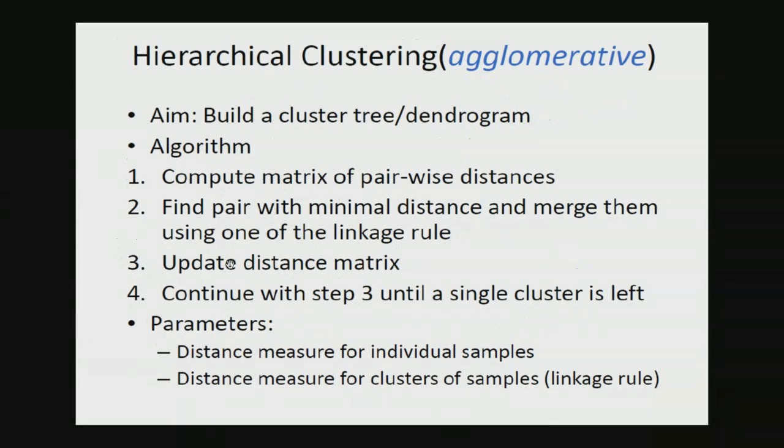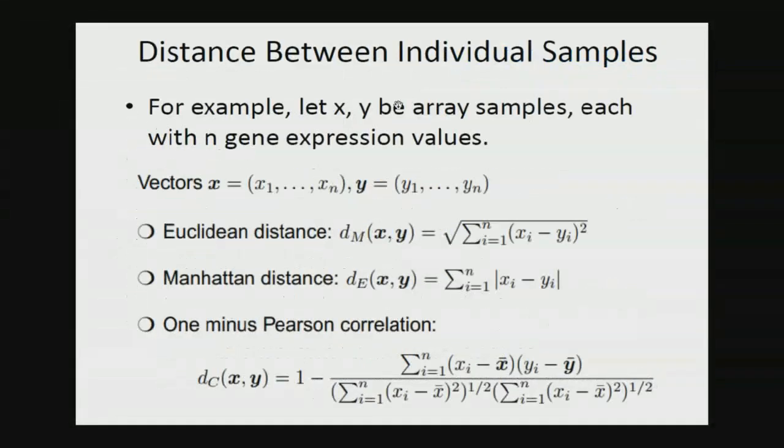The parameters we need for doing this: one is the distance measure for individual samples, and the other is the distance measure for clusters of samples. That's the linkage rule. Recall this is the distance measure between individual samples.